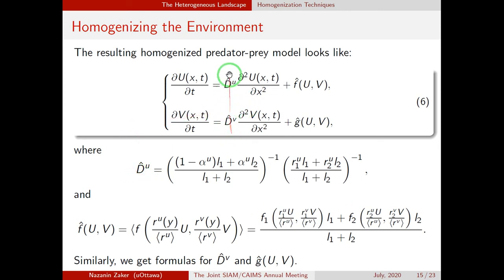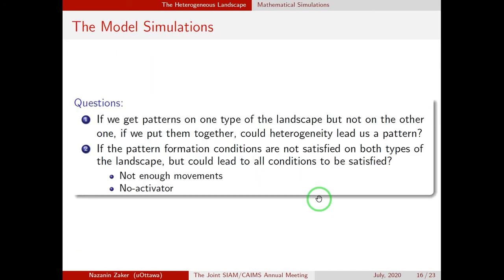Because the coefficients of the homogenized model are constant, it is much easier, and we can analyze it analytically and numerically, as we did to answer these two following questions.